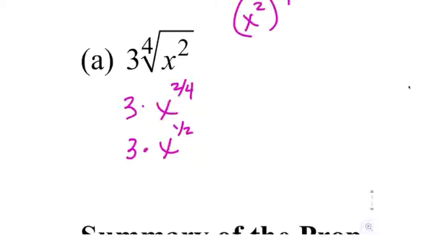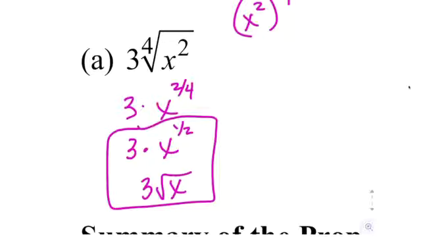So if I put it back in radical form, what goes under the square root? Just the x. Good. The 3 remains outside. Some people at the end kind of lose it and they put the square root of 3x. It's 3 times the square root of x. I would consider both of these equally simplified, okay?